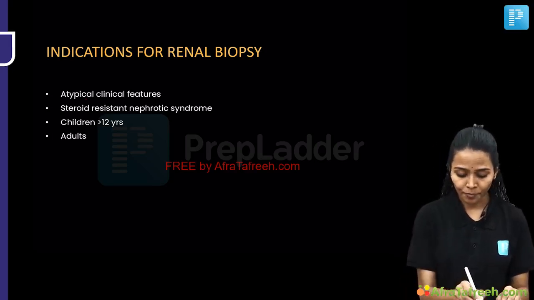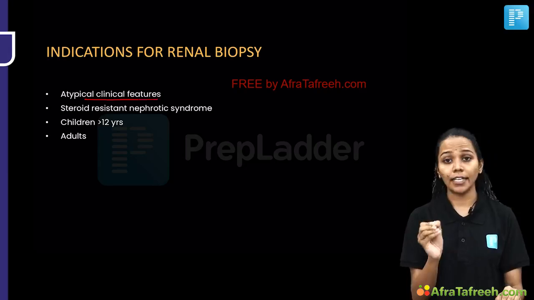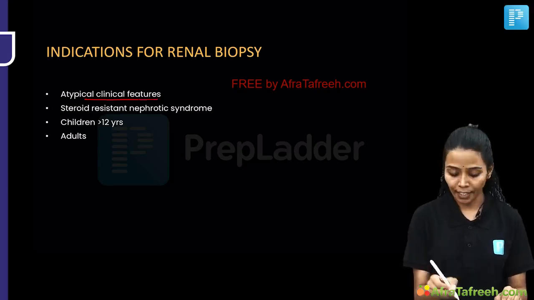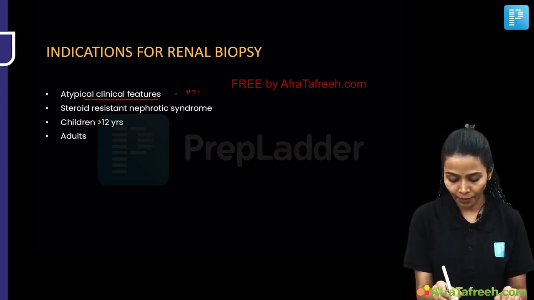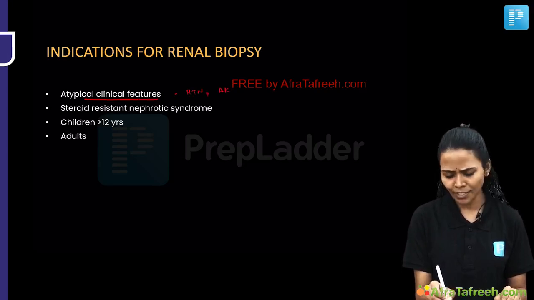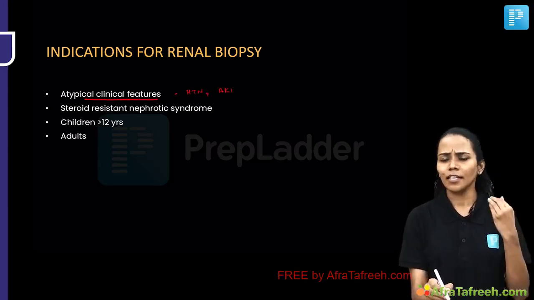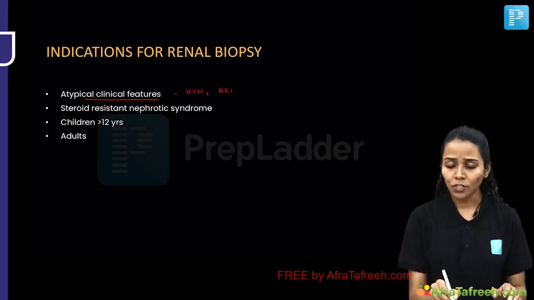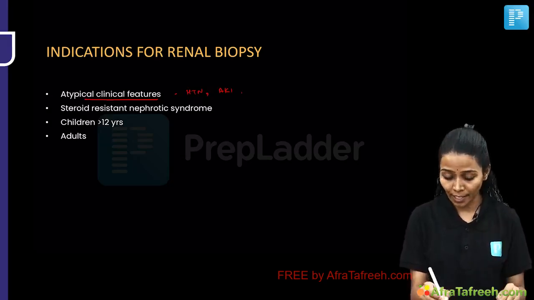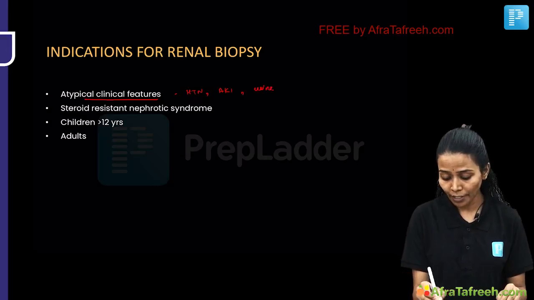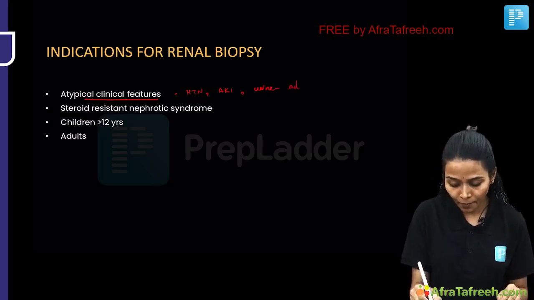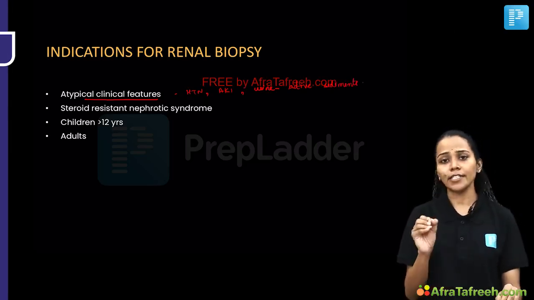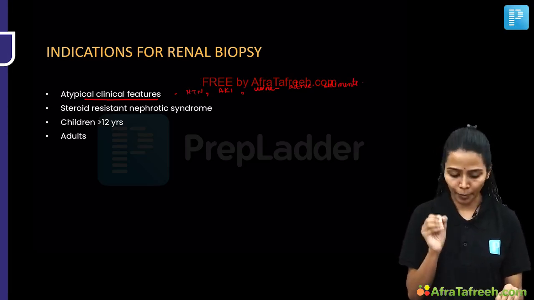That is when there is atypical clinical features like if the child is having persistent hypertension, persistent AKI, these children, or in adults, in all cases we do renal biopsy. This specifically about children I am talking. So if there is hypertension, if there is AKI, if the urine is showing any active sediments, in all these conditions we will have to do renal biopsy.